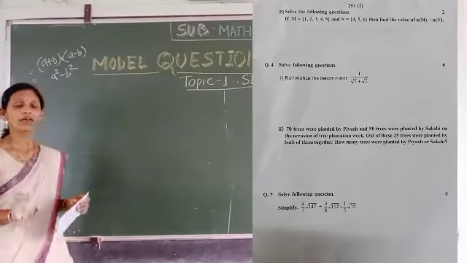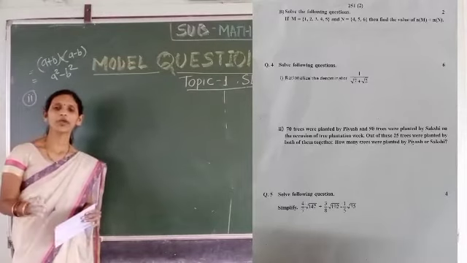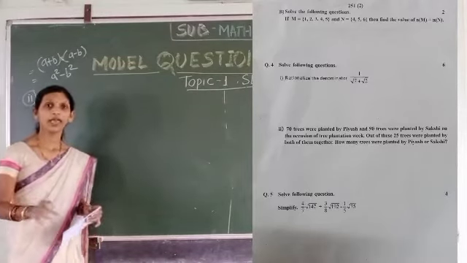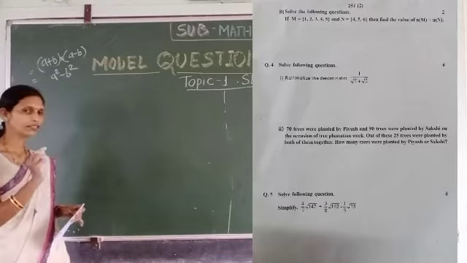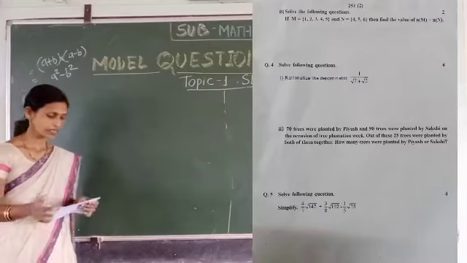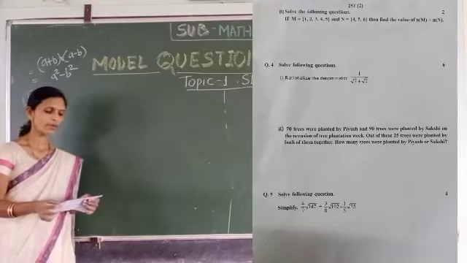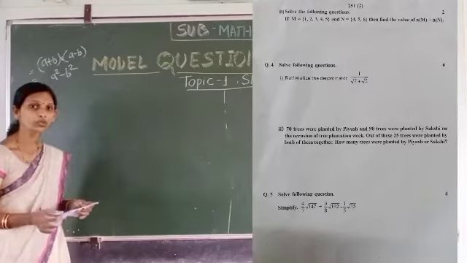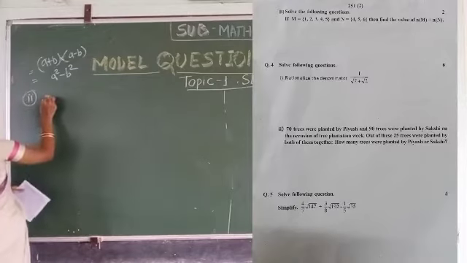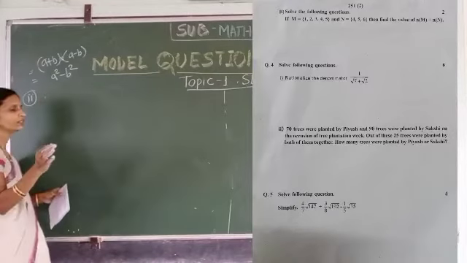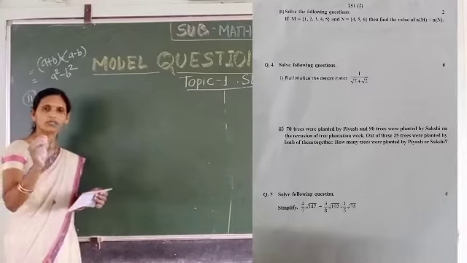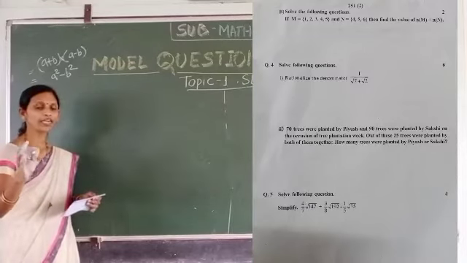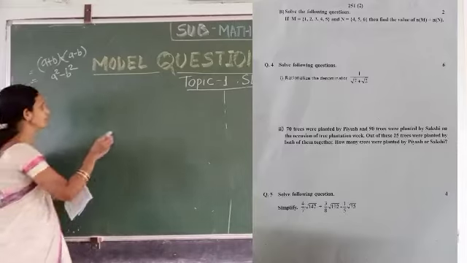Read that descriptive example carefully and then write the given terms in the answers. See here, 70 trees were planted by Piyush. That means the plantation takes place in the school, and a total of 70 trees were planted by Piyush.